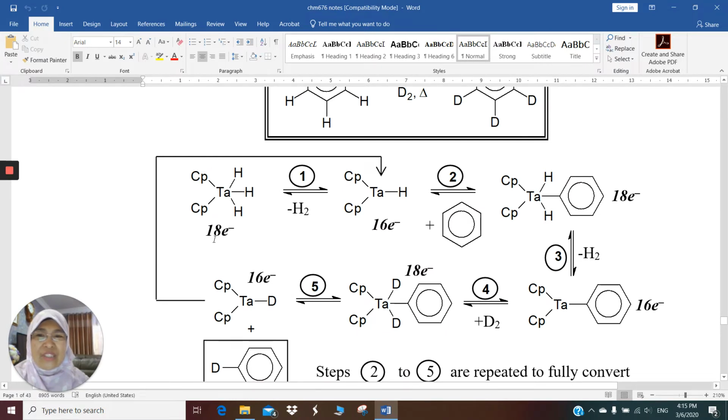Now, the reaction that is originally 18 electron will first undergo reductive elimination. This is a reductive elimination where 2 of these hydrogens are eliminated as a hydrogen molecule, producing a species of 16 electrons.